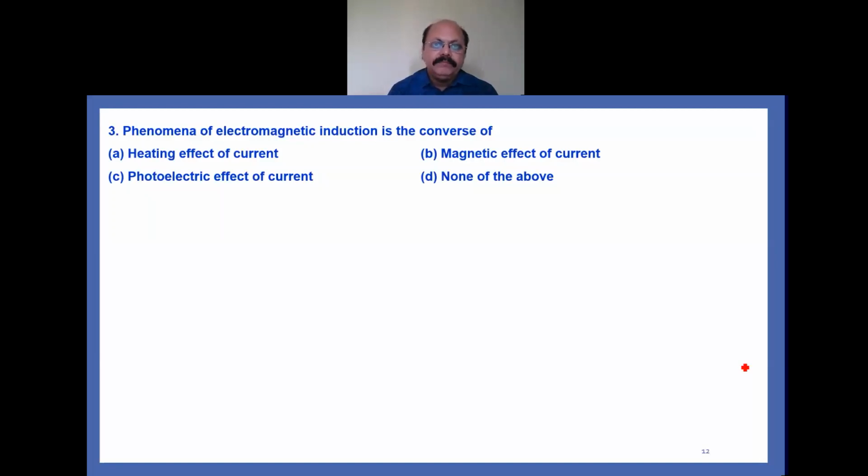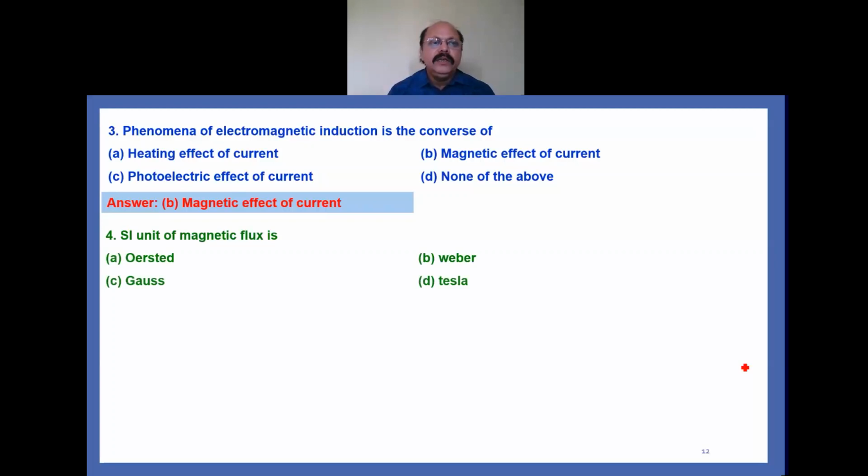So obviously option B, magnetic effect of current. Now the fourth question: SI unit of magnetic flux is, option A Oersted, option B Weber, option C Gauss, option D Tesla. So what you learn, apply it, find the answer, then check it. Answer B is correct.